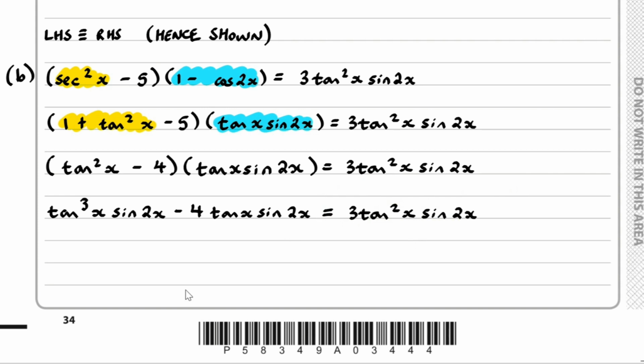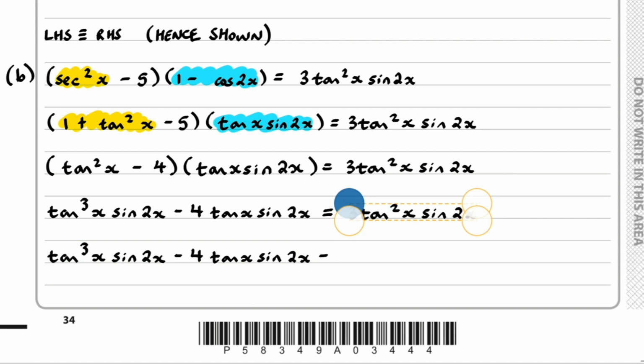So if I take everything over to one side, I have this result here, subtract this over here, and that's equal to 0.